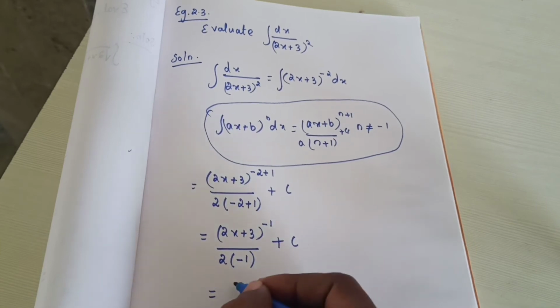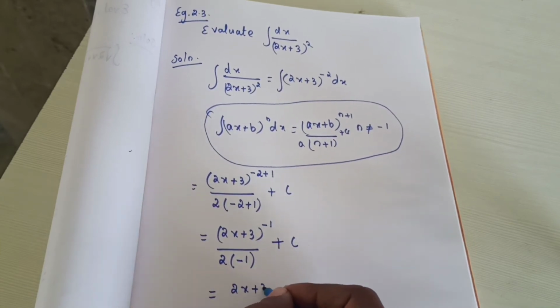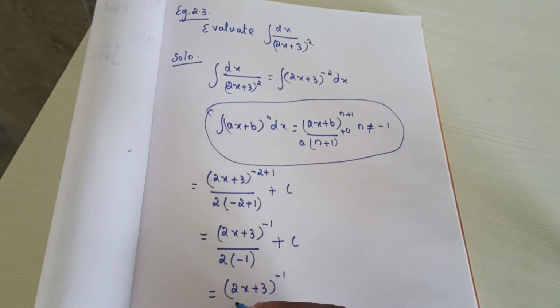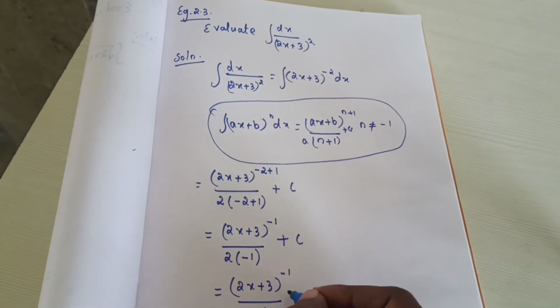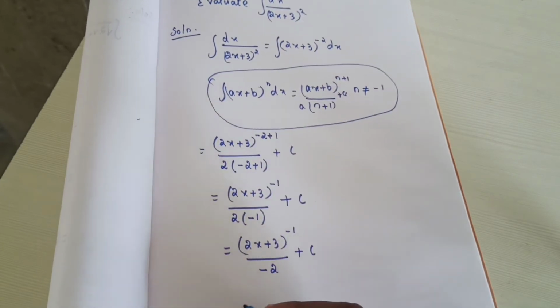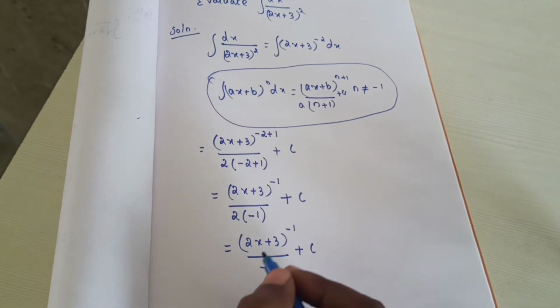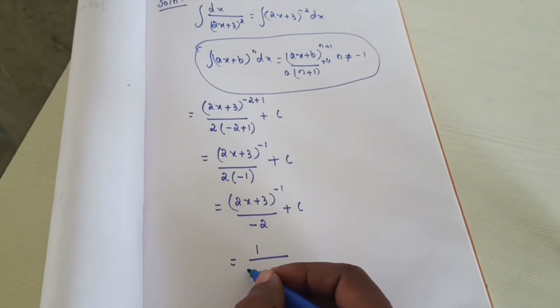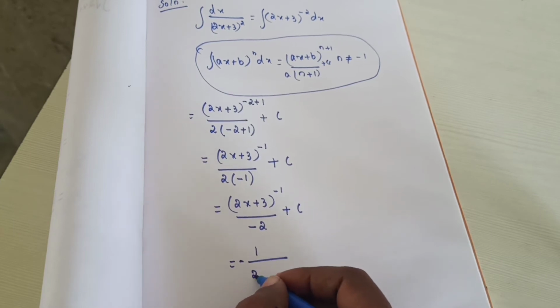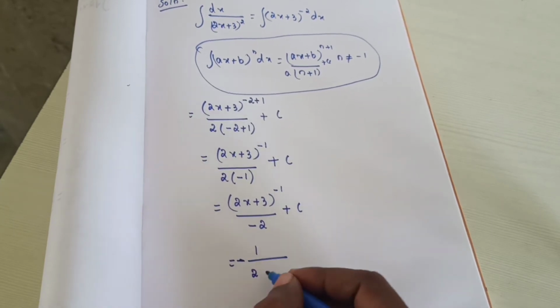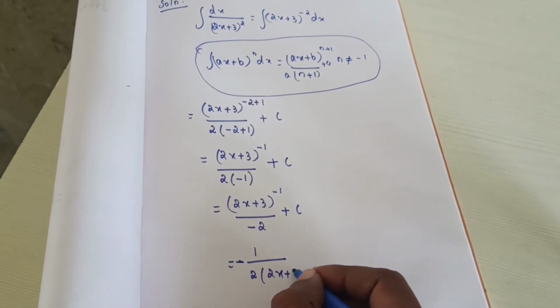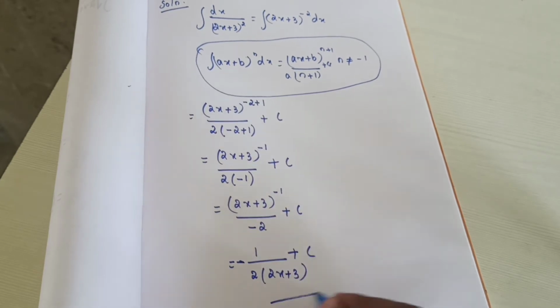That's equal to (2x plus 3) the whole power minus 1 divided by minus 2, plus c. Now you can bring this to the denominator. What's the reason? The power is minus 1. So minus 2, is it right? Minus 2. You can write this minus here, 2x plus 3, plus c. This is the required answer.